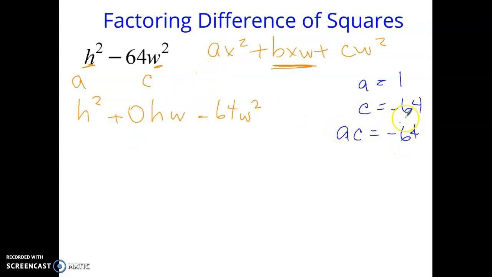So two numbers that multiply to be negative 64 and are opposites of one another, negative 8 and positive 8. Okay, let's go put those in the formula. So you remember the a part doesn't change. The b in the middle goes away, and it becomes the two new numbers that we just figured out. And then the c term on the end, it doesn't change either.